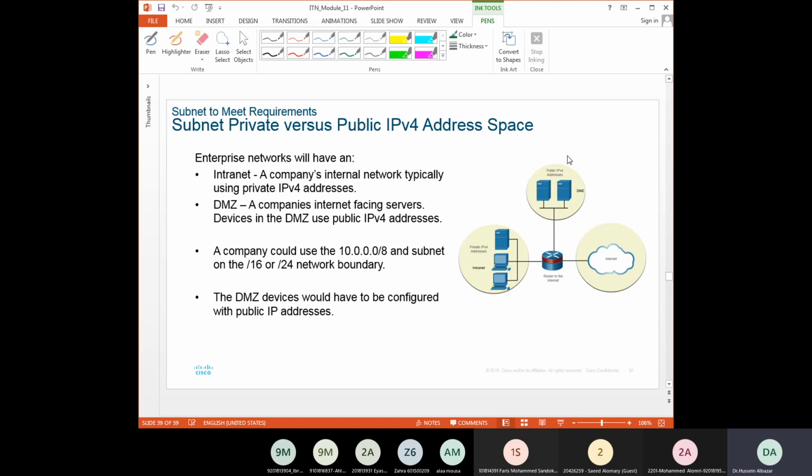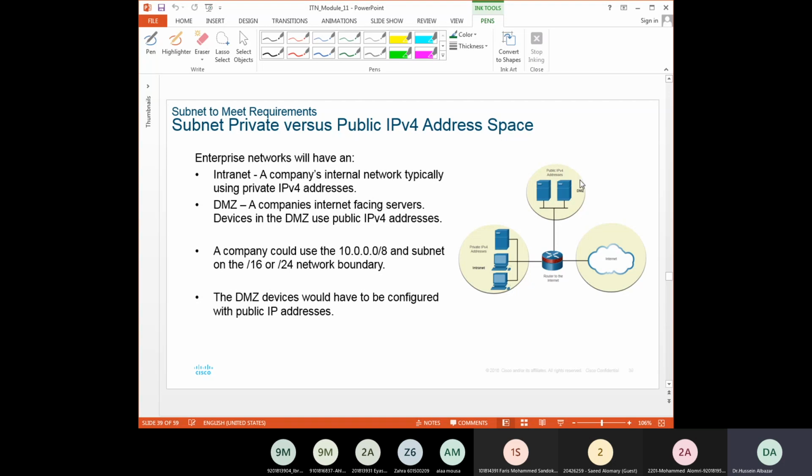Now, what about the other zone, the DMZ? DMZ stands for demilitarized zone. Usually, it's a part of the company network. It will contain resources like the services and servers you are seeing here in this example. These resources should be available and accessed through the internet, such as the web server.